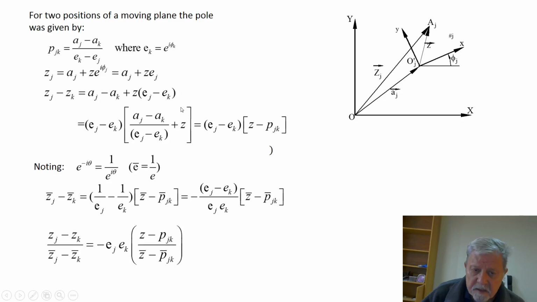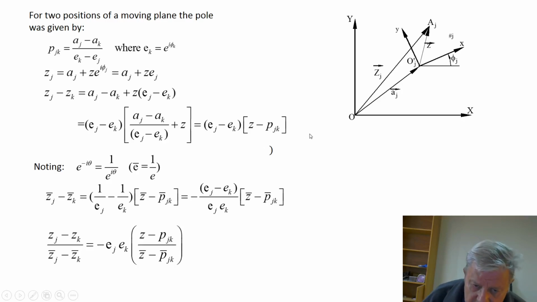This I can write, take Ej minus Ek outside parentheses, open up parentheses, Aj minus Ak over Ej minus Ek, plus Z. This term, if you look at that term, is minus Pjk.